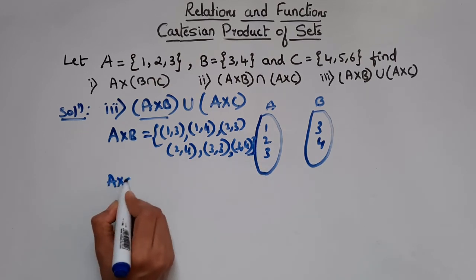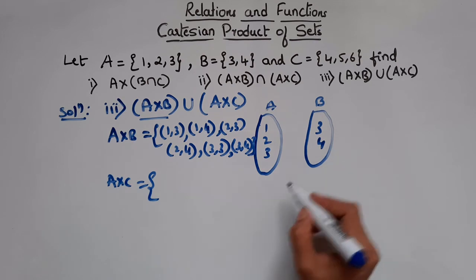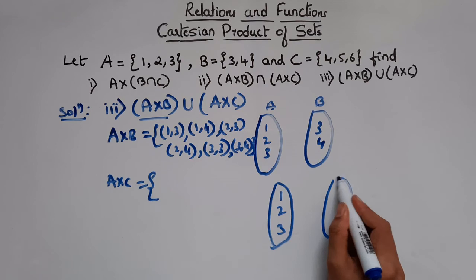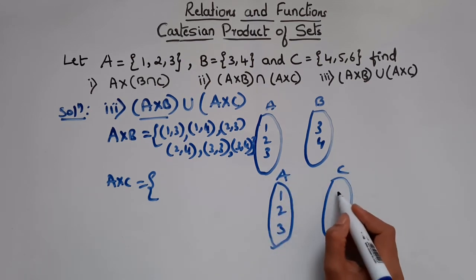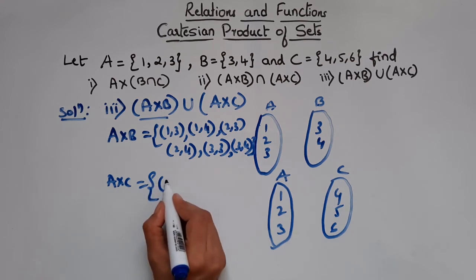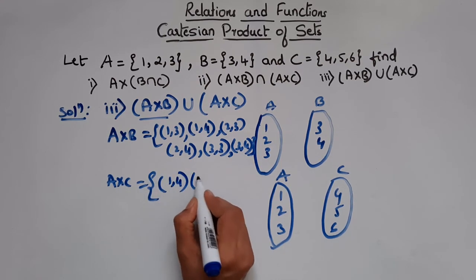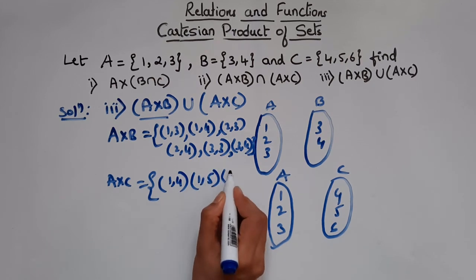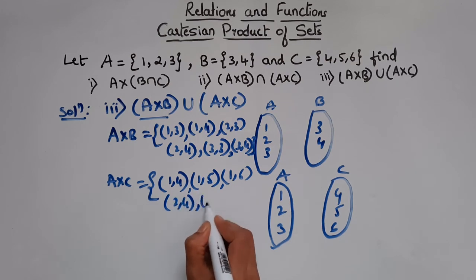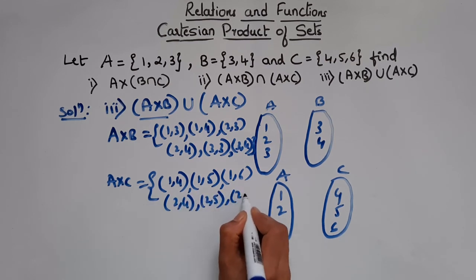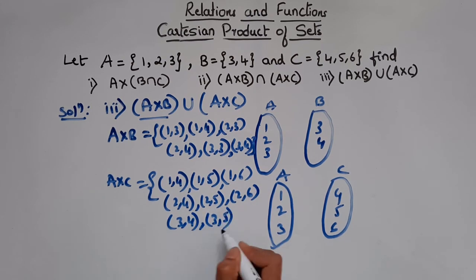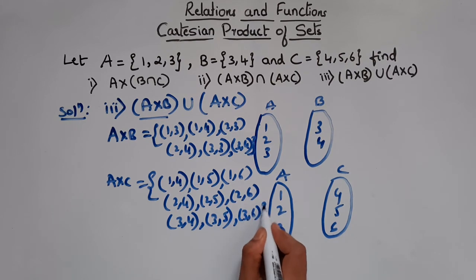Similarly in A cross C we have elements. A is 1, 2, 3 and we have set C 4, 5, 6. Therefore the elements of this set are 1, 4, 1, 5, 1, 6, 2, 4, 2, 5, 2, 6, 3, 4, 3, 5 and 3, 6, right?